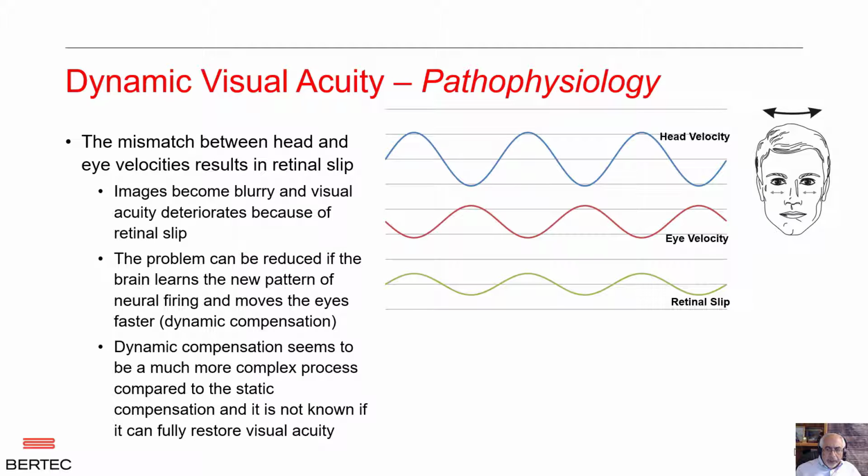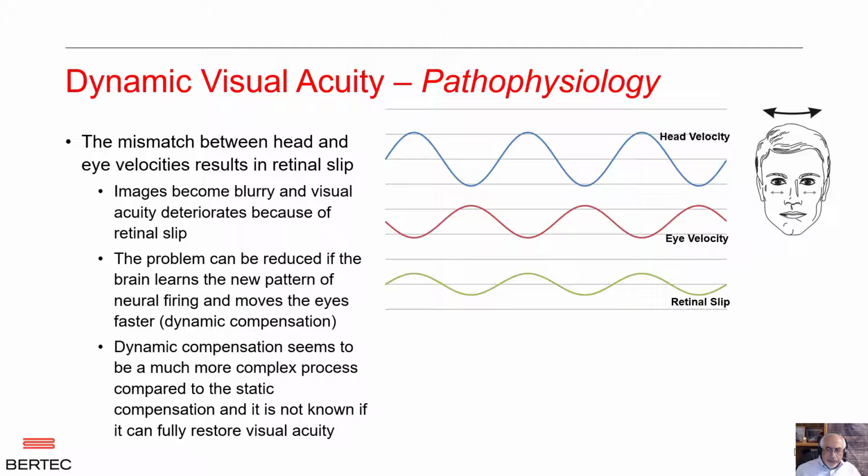Here you see that the mismatch between the head and eye velocities causes retinal slip. As a result, the images do not stay stationary on the retina and vision becomes blurry during head movements. In other words, dynamic visual acuity deteriorates because of the retinal slip.